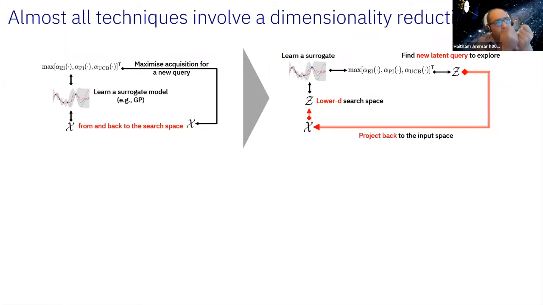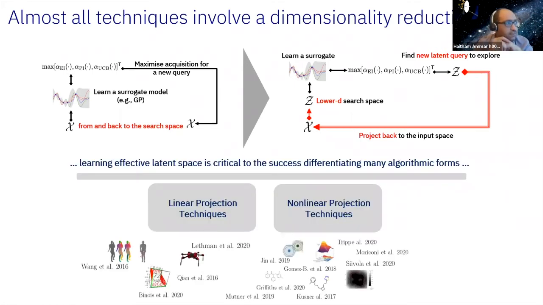You fit a GP, you maximize the acquisition, you get a new Z, then you go back to your original space, and this process repeats. In fact, it's the way by which we construct this embedding or projection that differentiates algorithms out there for high-dimensional Bayesian optimization.